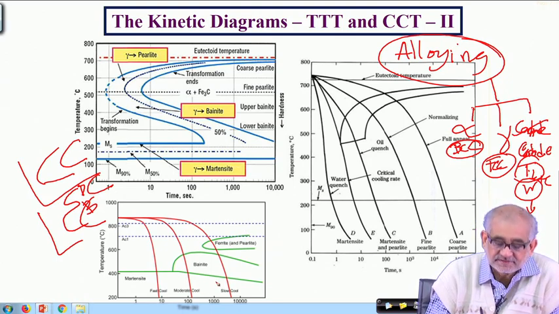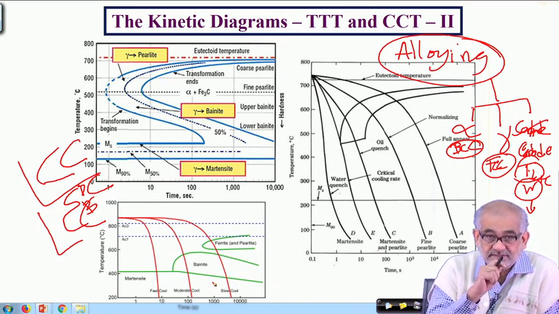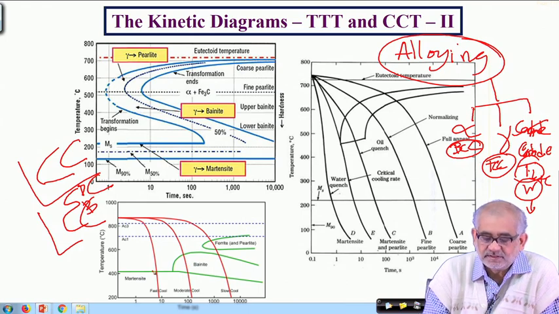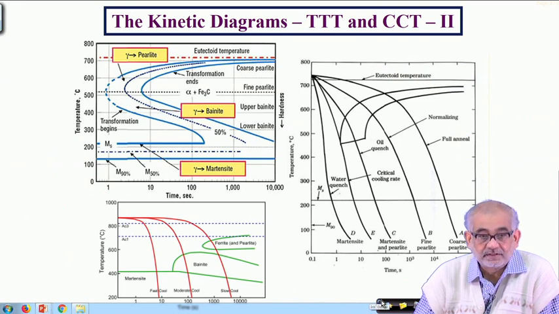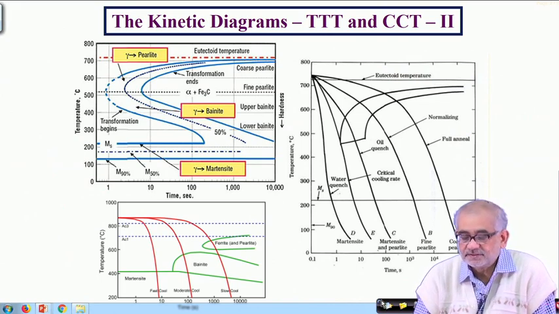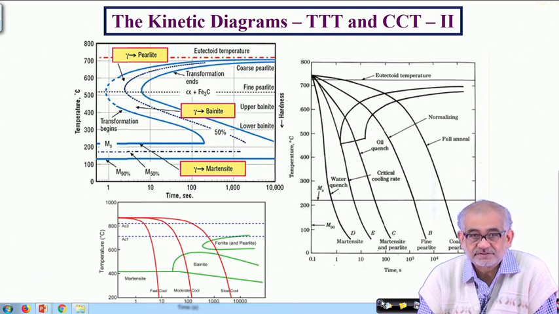So splitting of these curves and giving space in between, so that I can cool slowly and much more easily derive microstructures which are pearlitic or bainitic or martensitic in nature, that's quite possible by using the influence of alloying elements.